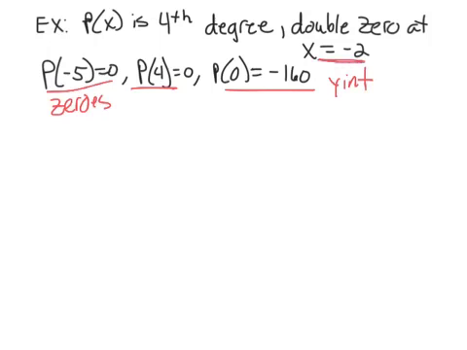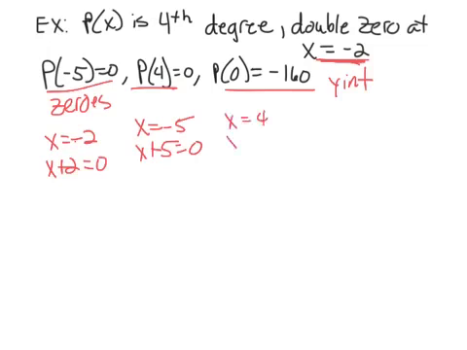I have a root here. So if I start with x equals -2 and I work backwards, I know I have a factor of x plus 2. And then for my other roots, I can put them in as x equals -5, so x plus 5 is going to be a factor. And the same thing with 4, x minus 4 is going to be a factor.